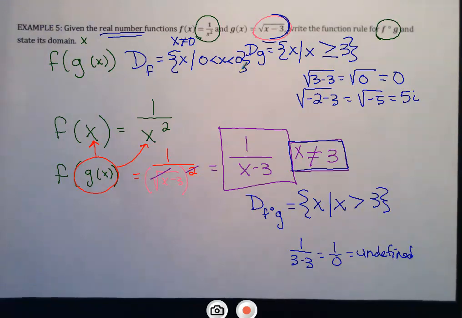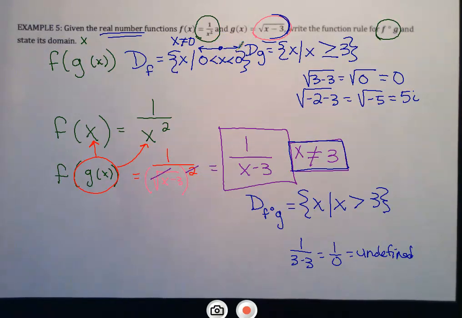I wrote 0 is less than x and x is less than 0. But if you read it from x, this one is saying x is greater than 0, or x is less than 0.